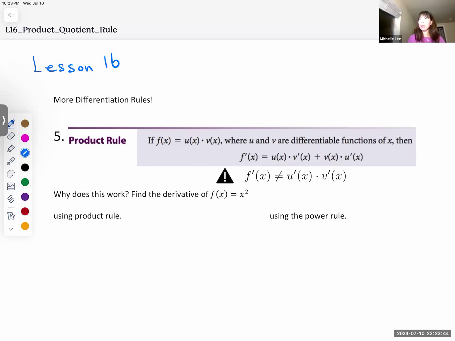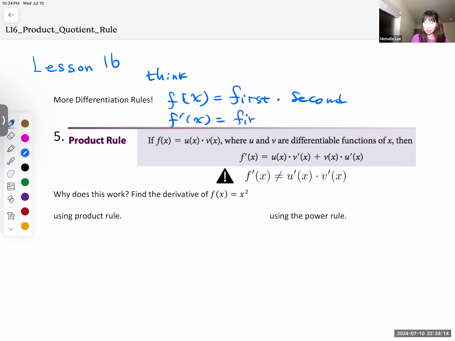So if we have f of x equal to u of x times v of x, then the derivative of the product is: if we have first times second, then the derivative is the derivative of the first times the second plus the first times the derivative of the second.